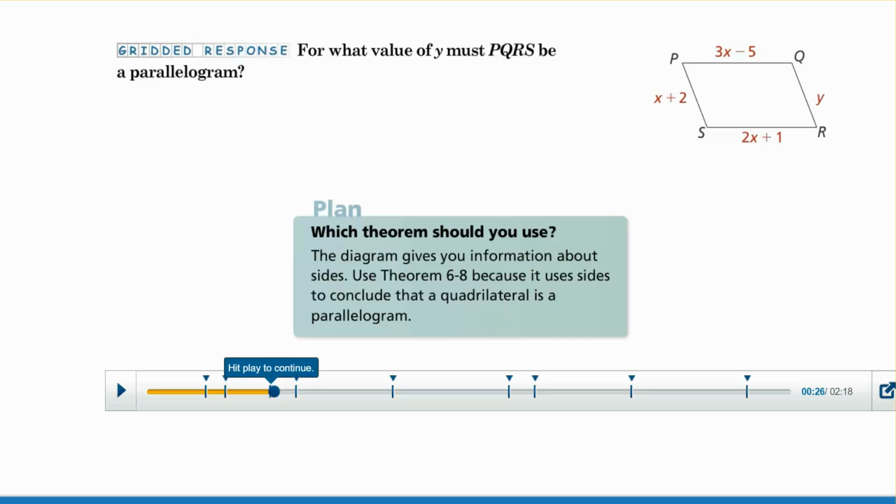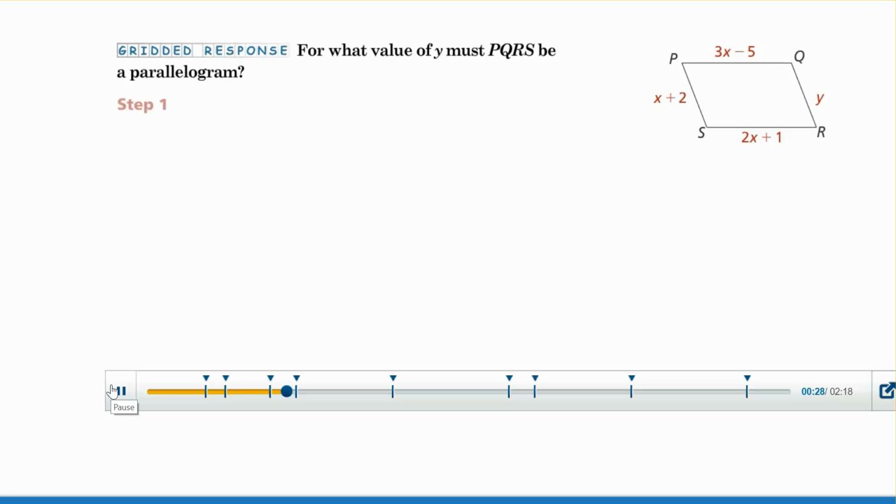In this problem, the question asks for y, but we're going to have to find both x and y to make this a parallelogram. For it to be a parallelogram, the opposite sides have to be equal, and then we can use theorem 6.8. Step 1. Find x.